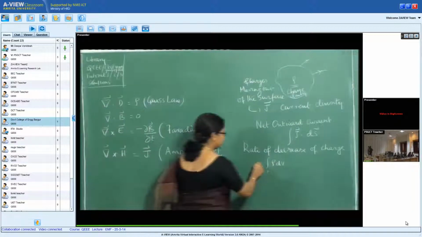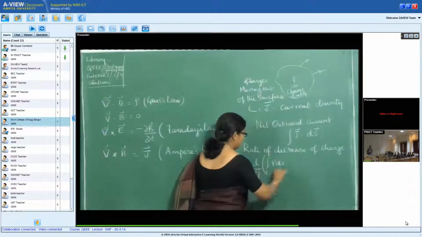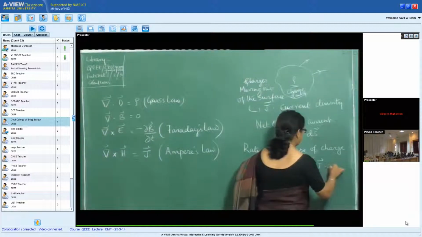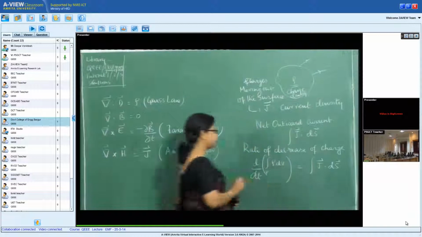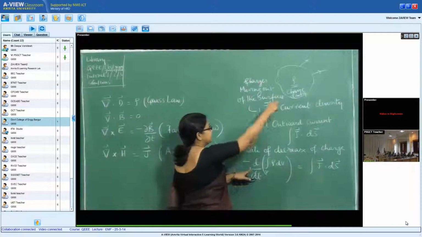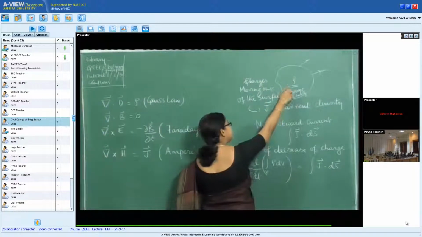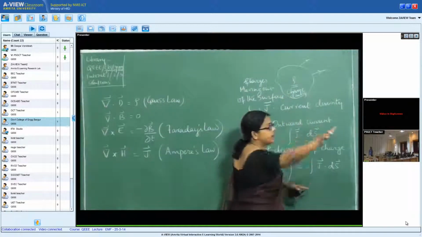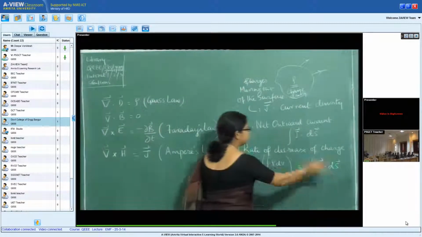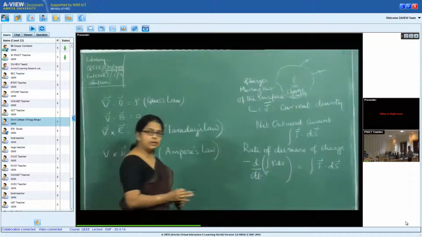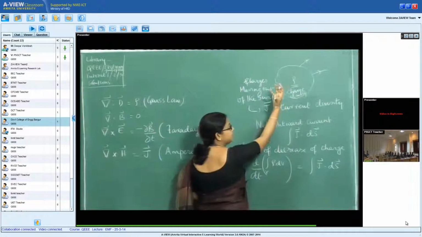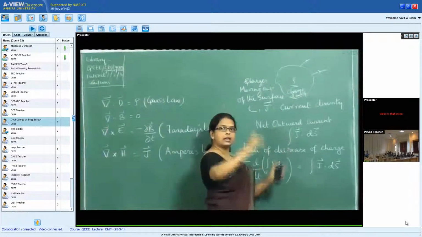So the rate at which the charge moves out should be equal to the current, J dot dS. Now I should put a negative sign here to say that this charge inside is decreasing with time, which is resulting in a current outward. Simply, this is a statement of conservation of charge. Whatever is the charge that is reducing here is appearing as current outward.